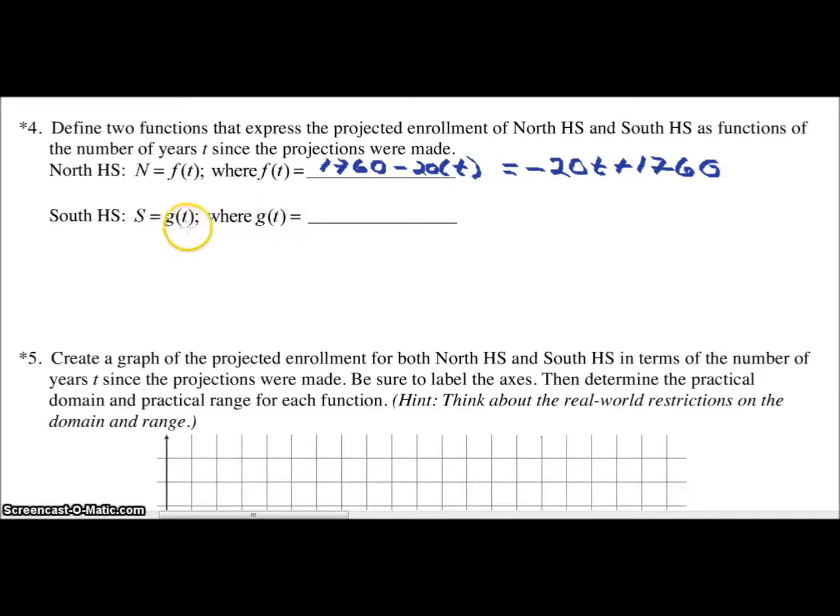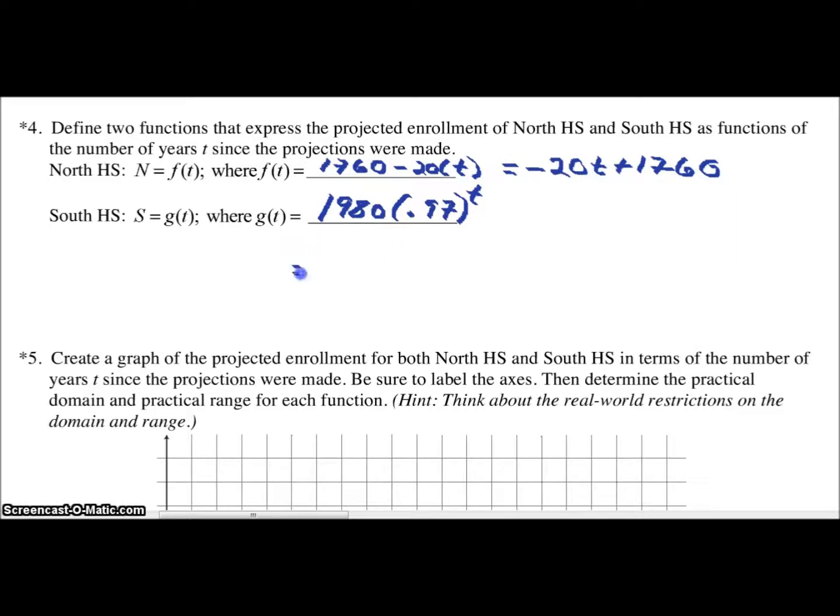South High School, that was the exponential decay. The original value was 1,980. And then to get to the next year, we multiply by 0.97. Now if we wanted to go 2 years ahead, we'd multiply by 0.97 squared, another factor. So this is our exponential function.